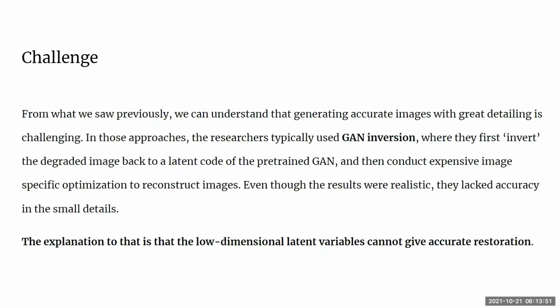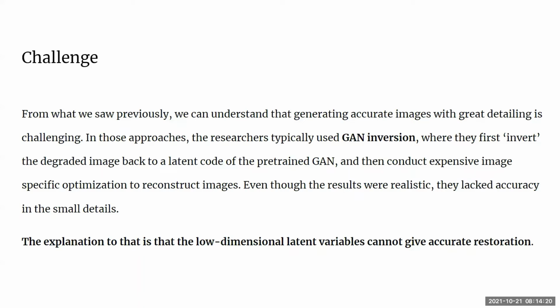And in particular, with these approaches, the researchers typically use GAN inversion, which is basically inverting the degraded images back to latent codes of the pre-trained GAN, and then conducting expensive image-specific optimization to reconstruct images. So what it means is that it's extremely expensive and it requires a lot of time to optimize and find the proper parameters.